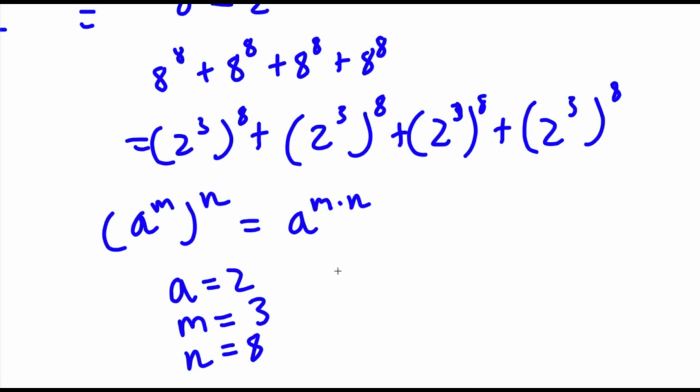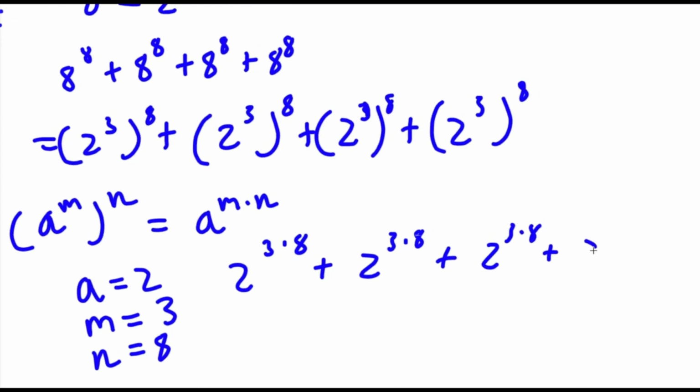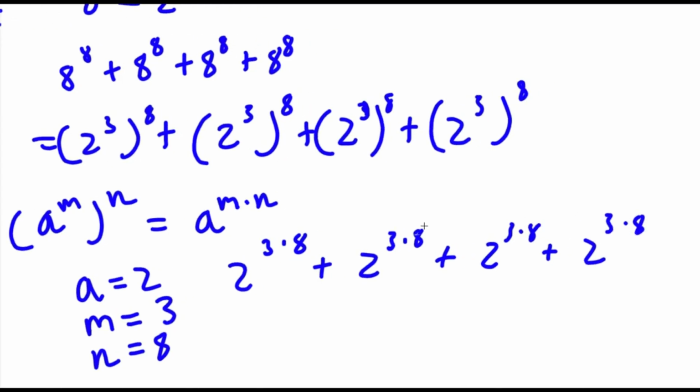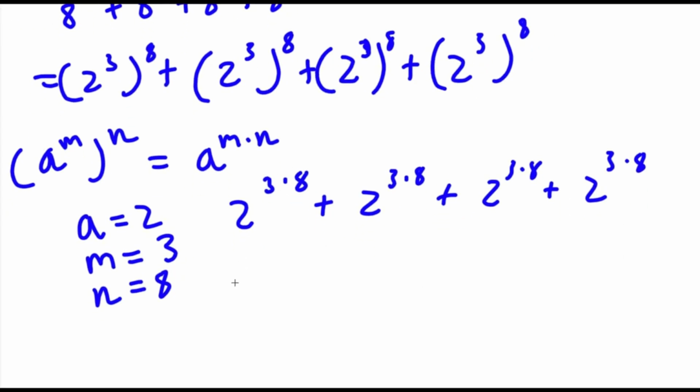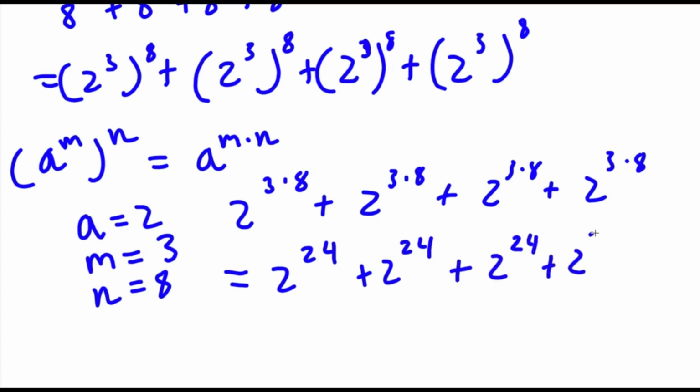So now I have 2 to the power of 3 times 8 plus 2 to the power of 3 times 8 plus 2 to the power of 3 times 8 plus 2 to the power of 3 times 8. Now 3 times 8 is the same thing as 24. So now I have 2 to the power of 24 plus 2 to the power of 24 plus 2 to the power of 24 plus 2 to the power of 24.